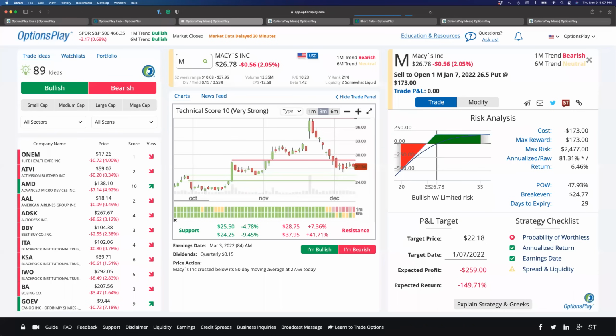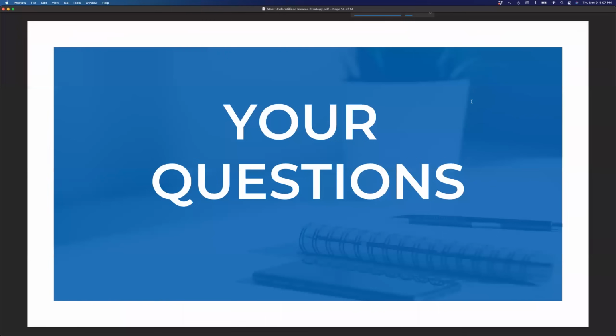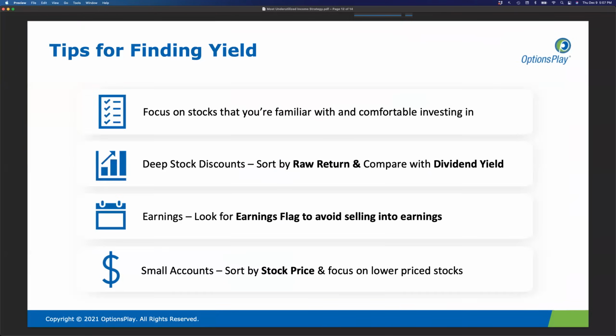But selling a put option doesn't protect you from the stock declining. That's still a decision you have to make. And that's why I said only sell puts on stocks that you are comfortable with and stocks that you're familiar with, because then you're going to be able to make that decision. Okay, I bought the stock at 26. I understand the value of this stock. Now, if the stock declines to $16, what's my view on this?